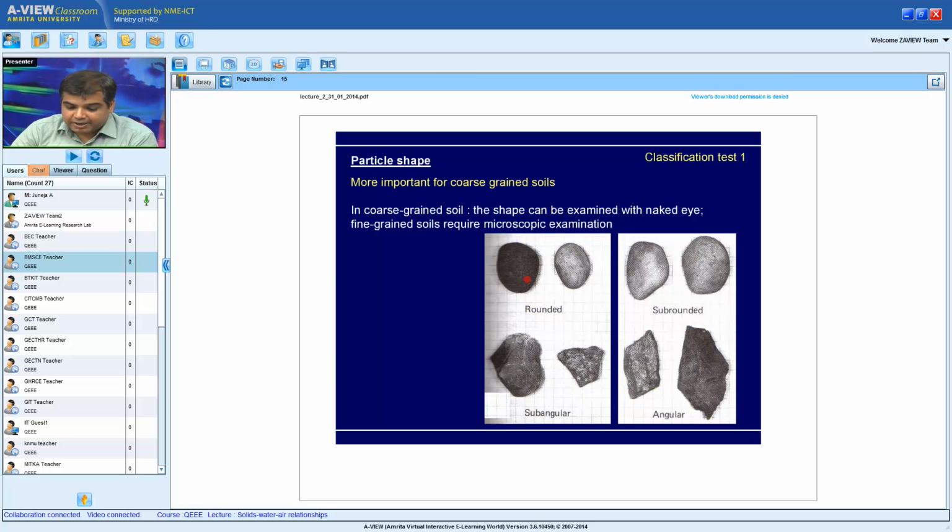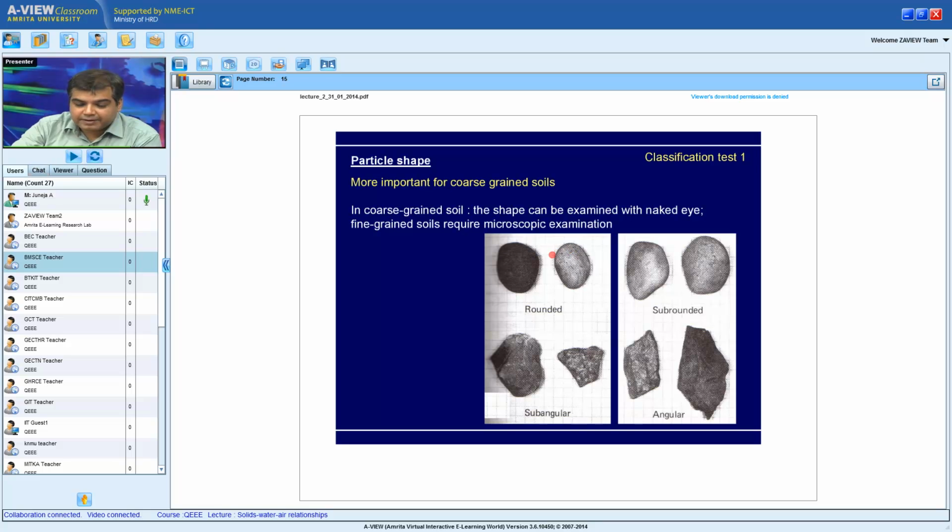The very first one is, if you scroll from left to right and then bottom, you will see the shape becomes more sharp, more angular, more pointy. The rounded shape is very smooth. There definitely you can't see any edges. You can rub your finger all around, and it's a smooth piece of gravel.